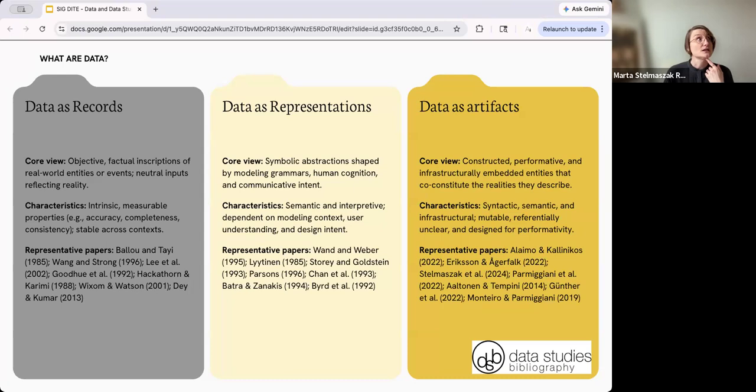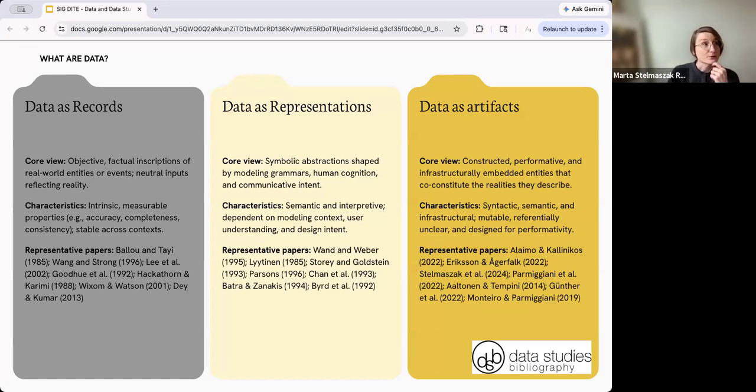And these perspectives are, if you'd like, assumptions that the papers take, rather than necessarily this is how they view what data really is. So what I'm saying is that sometimes, of course, as researchers, we make certain assumptions so that we can do research, but we're aware that they may be just assumptions. So I wanted to spend some time just looking at what these assumptions or ways of studying data are.